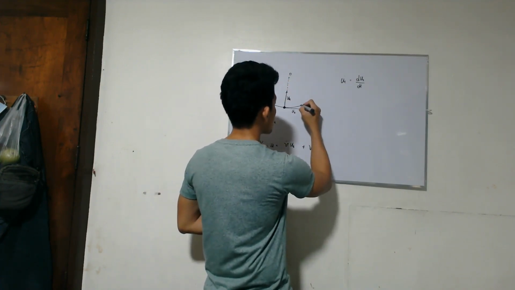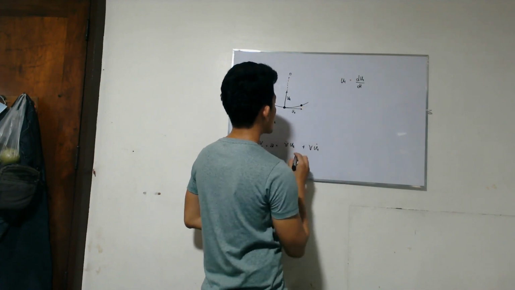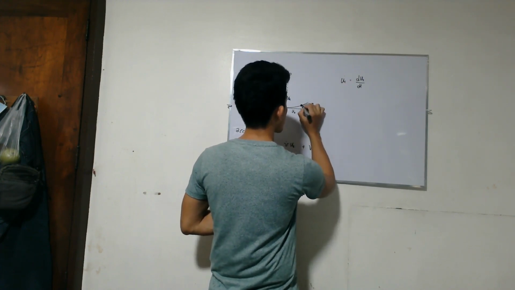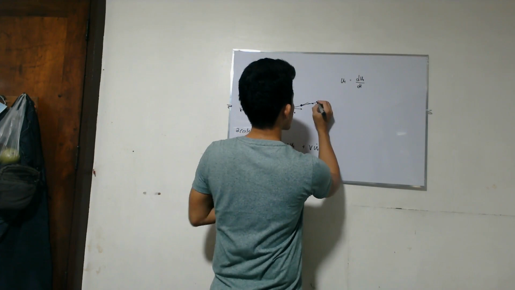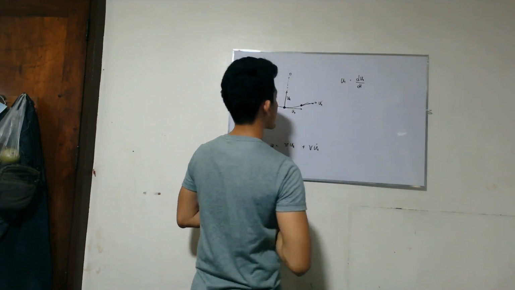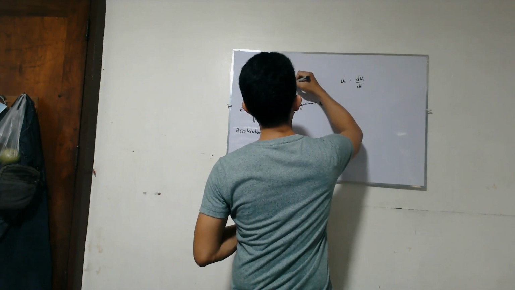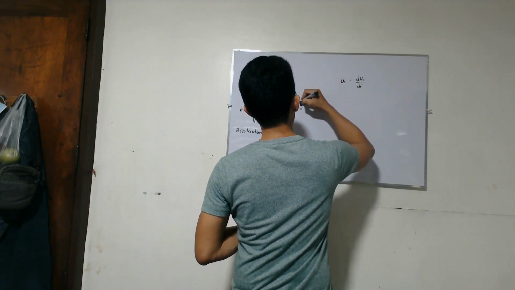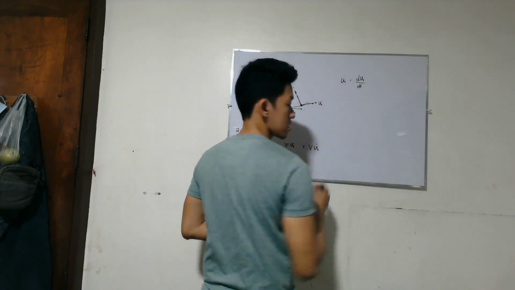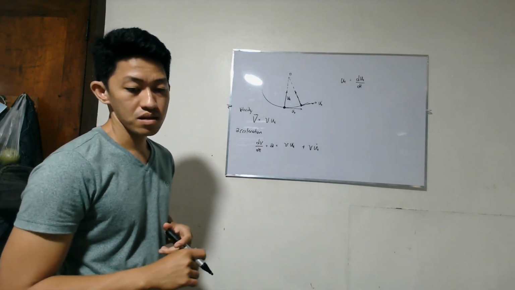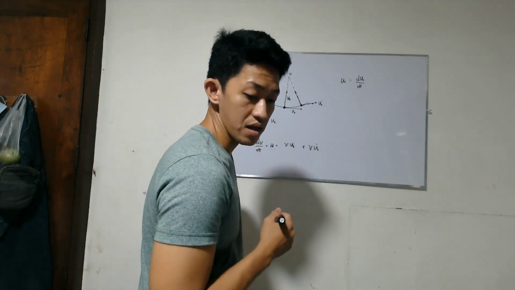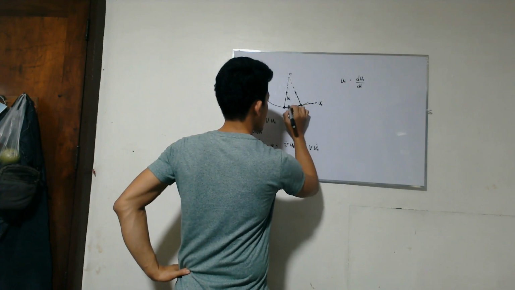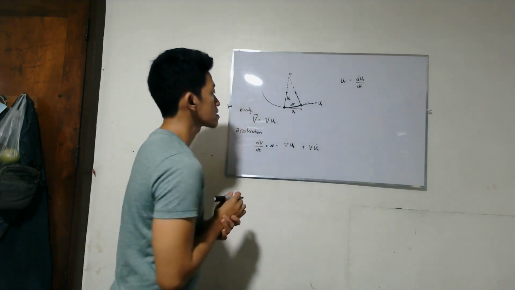Now, when the particle reaches here, the tangent is here, with the same magnitude, so this is u sub t prime, and this is your u sub n prime. Now, the length of this is your d.